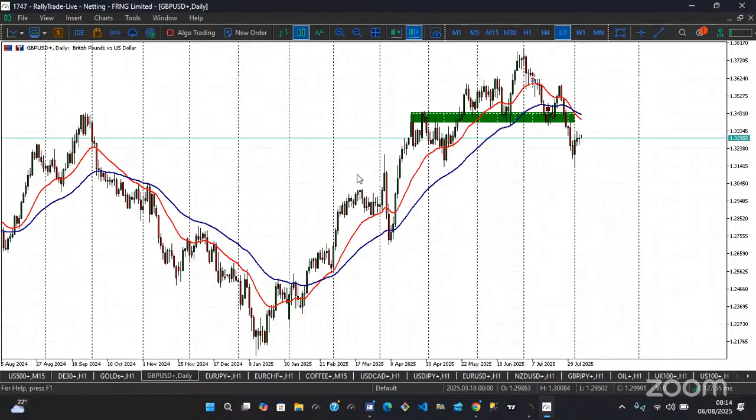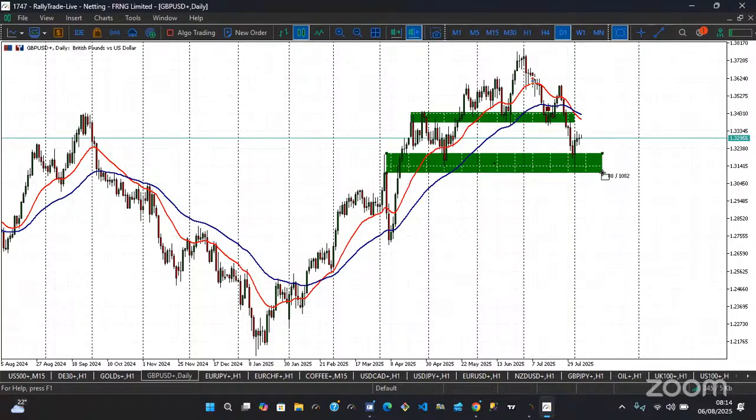Now, when you have a previous level that price has bounced off of, say for instance, you have this major resistance level here, that price finally broke at this point. What you do is you mark this resistance level and you extend it to the future.